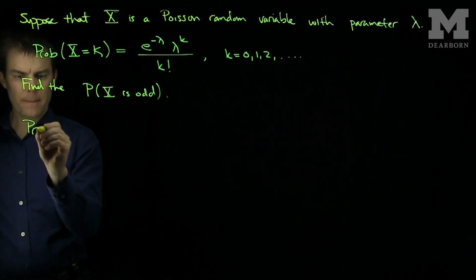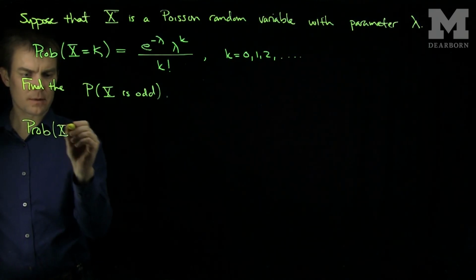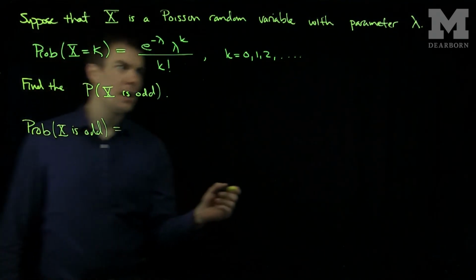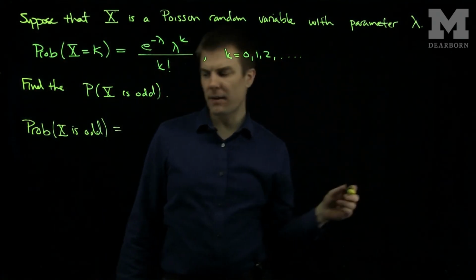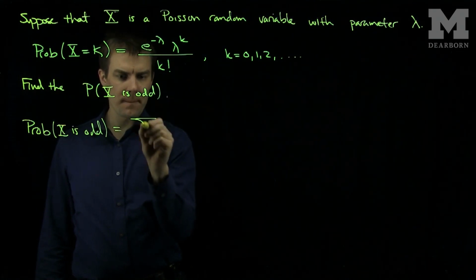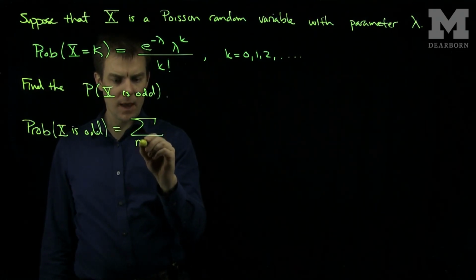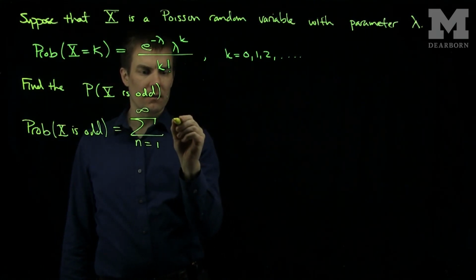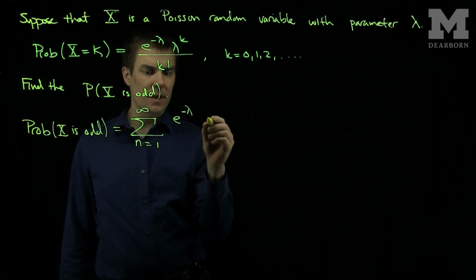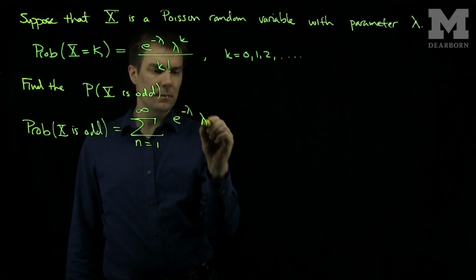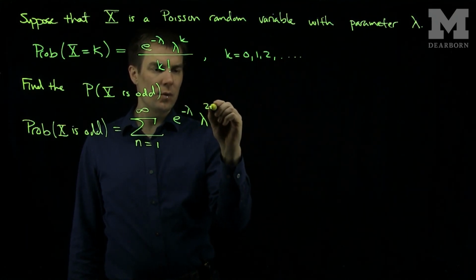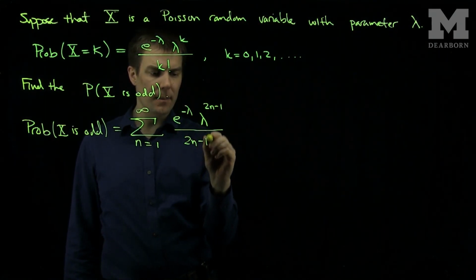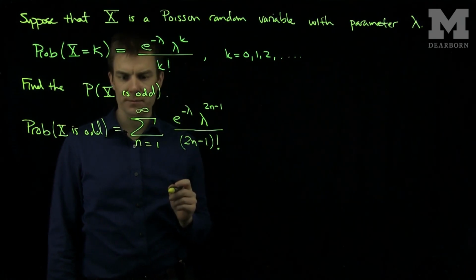Well, the probability that x is odd is, well, I'll have 1, 3, 5, etc. It will be the sum, n equals 1 to infinity, of e to the negative lambda, and then I will have lambda to the 2n minus 1 over 2n minus 1 factorial.